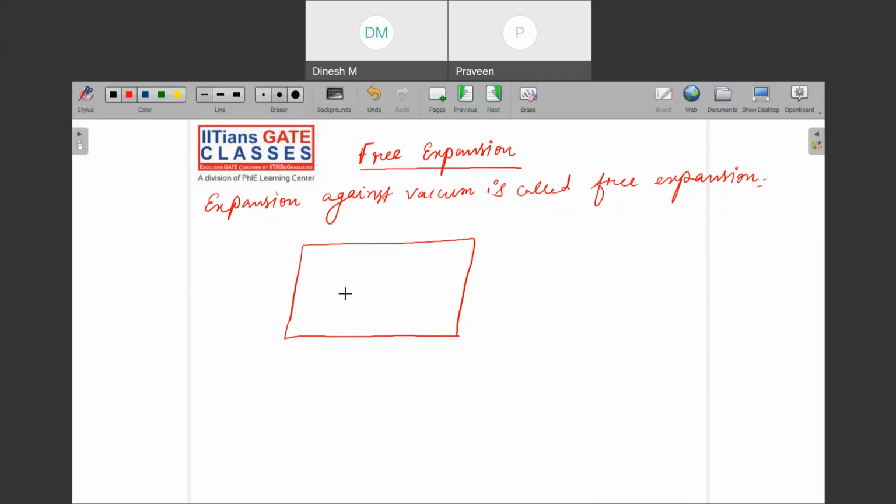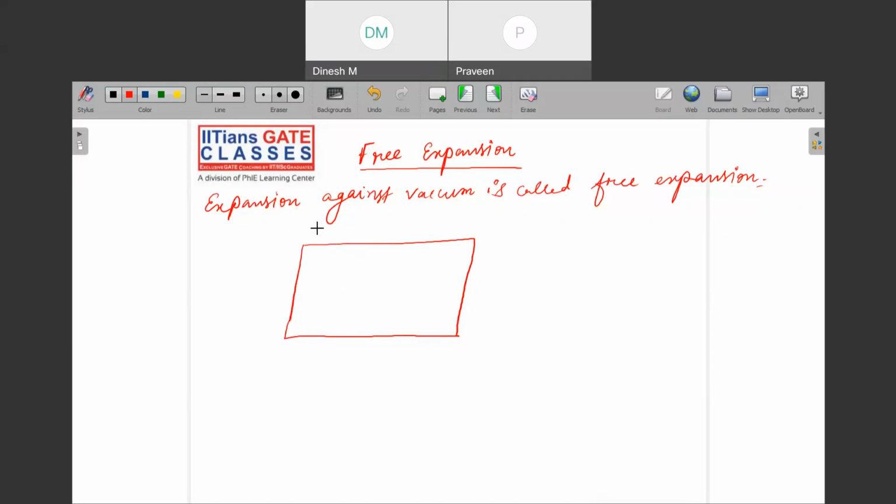Let us say you are inflating a balloon, and when you do not tie the nozzle, the air tries to come outside. This is nothing but the air trying to expand itself, right? Whenever it gets some space to occupy, it will try to occupy it.